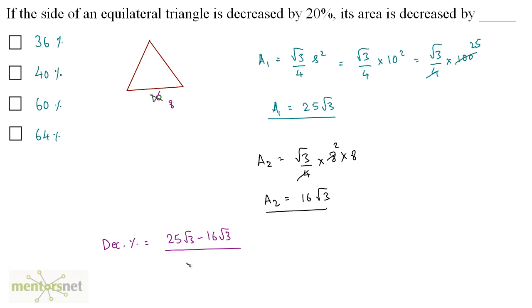So divided by the initial area, that's 25 root 3. And to make it a percentage, times 100. So 25 times 4 is 100. This is equals to 25 root 3 minus 16 root 3 is 9 root 3 divided by root 3 times 4. This gets cancelled. 4 9s are 36. So 36% is the answer. Option A.